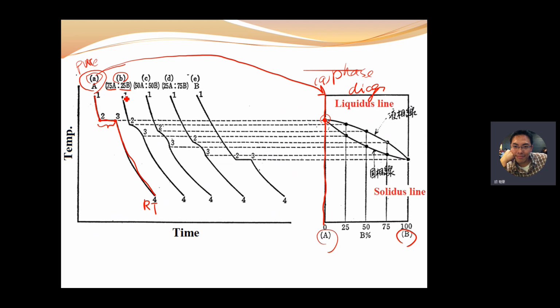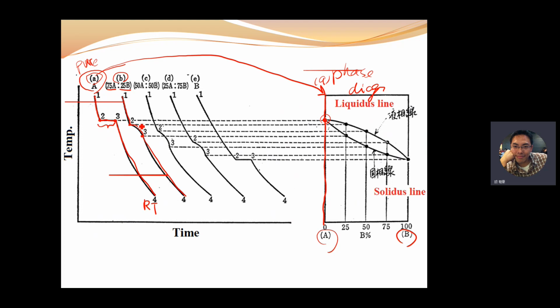The same, we just melt this alloy at high temperature and cool down very slowly, and we'll find the phase starts to change at point 2 to 3, right? And then the temperature will drop to room temperature.